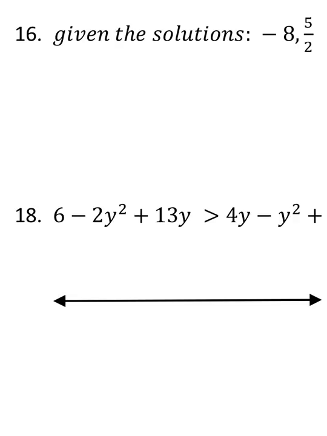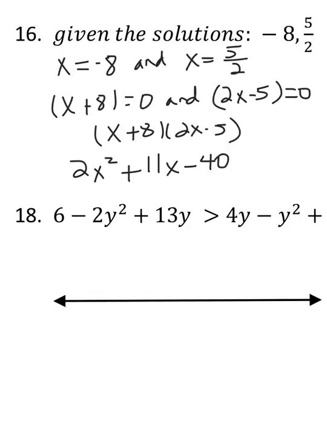So for number 16, I do the same thing. I'm going to rewrite those solutions as factors and multiply them together. All right, so for number 16, I set this equal to x equal to -8 and x equals 5/2. I get x plus 8 for one of the factors.